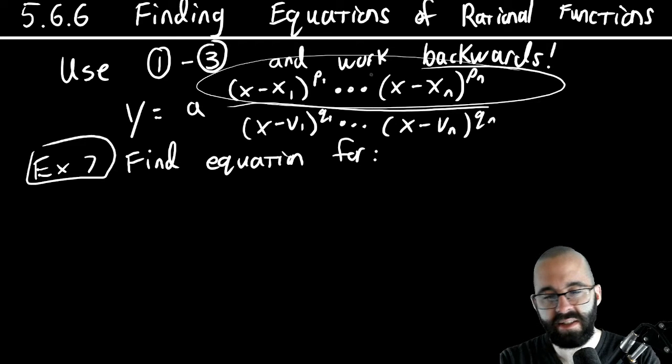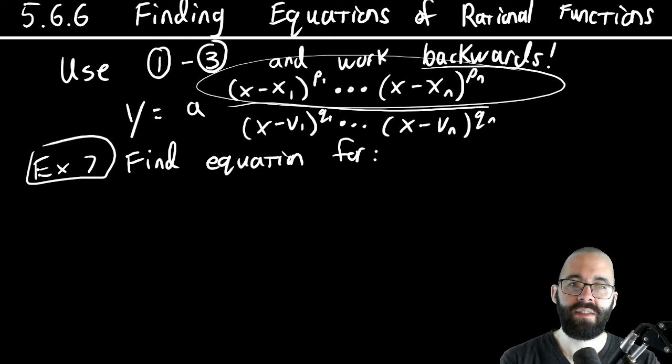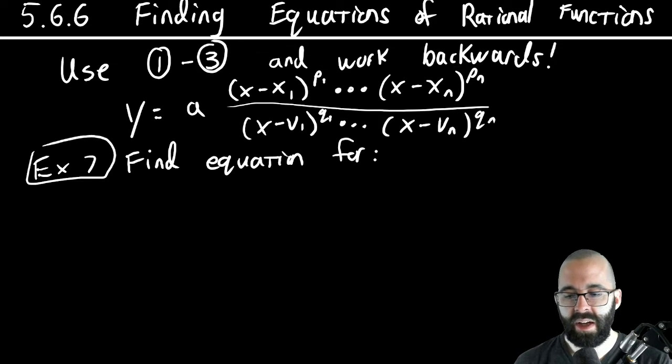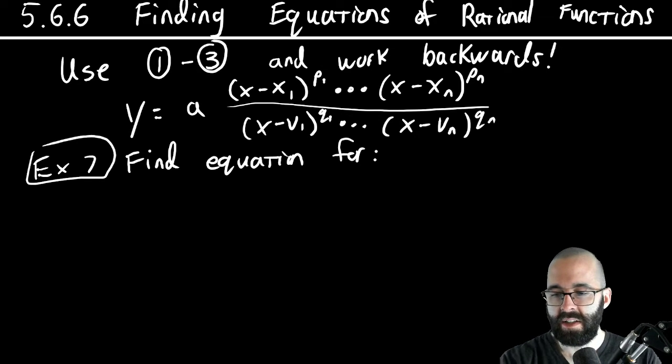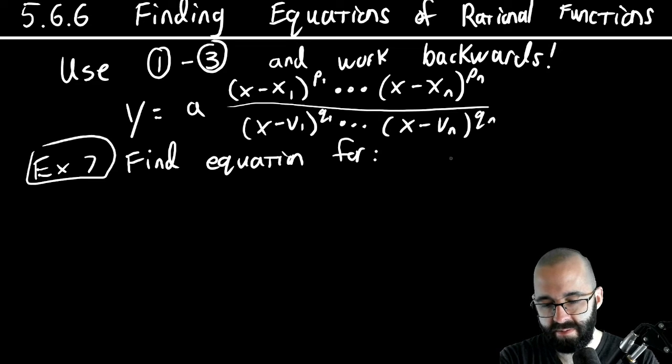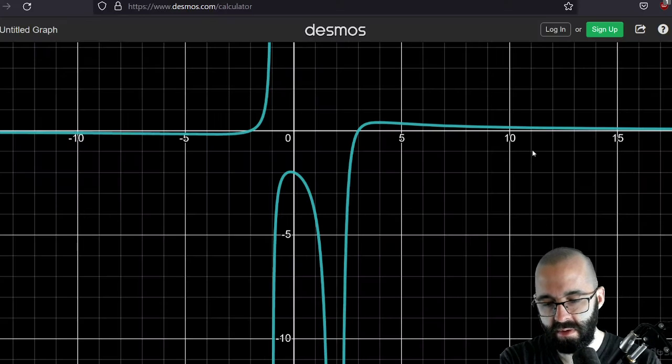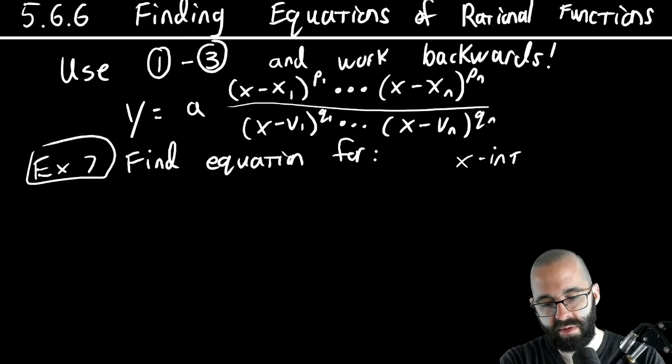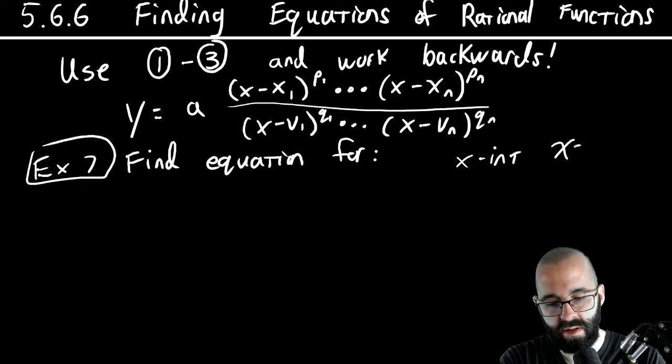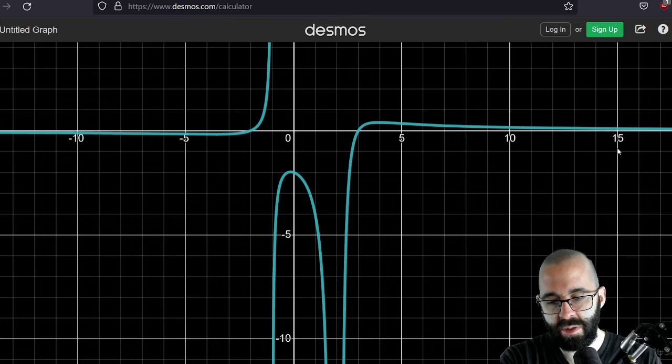Intercepts and multiplicities are going to have to do with this. Y-intercept we actually can't do until the end, but we can do X-intercepts right now. What are the X-intercepts here? The X-intercepts look like they're at about -2 and +3. What are their multiplicities?